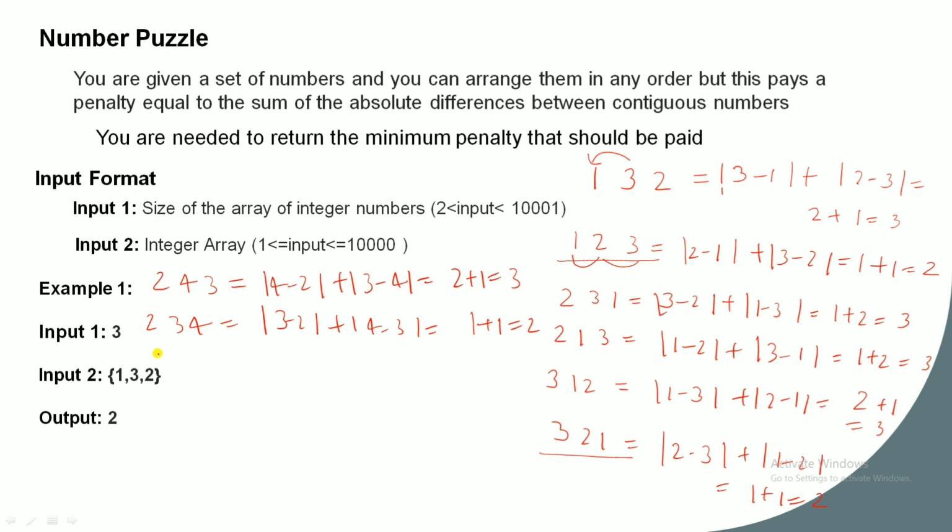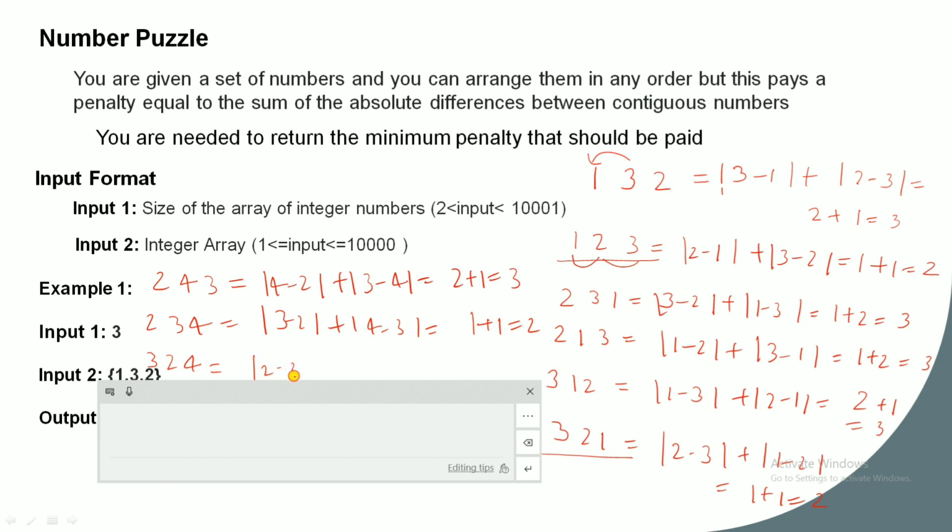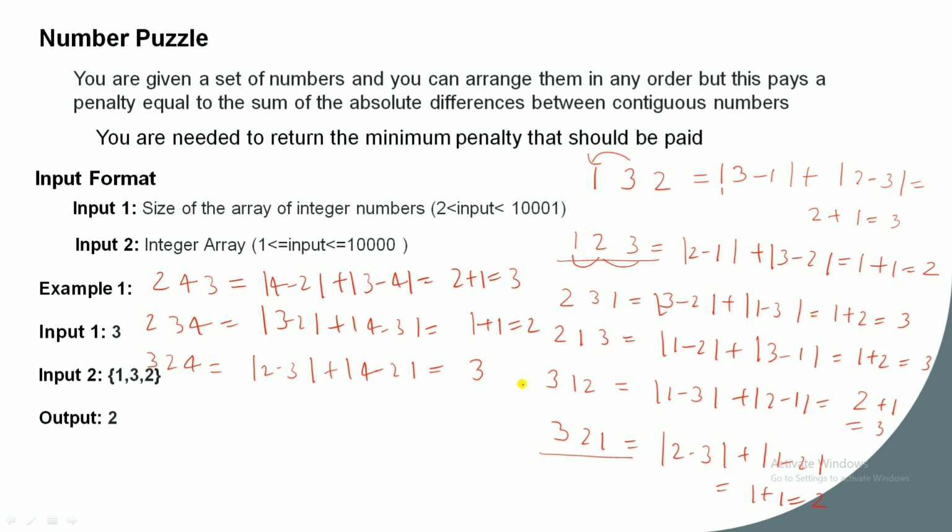Okay, again change the order. 3, 2, 4: 3 minus 2 plus 4 minus 2 equals 3.